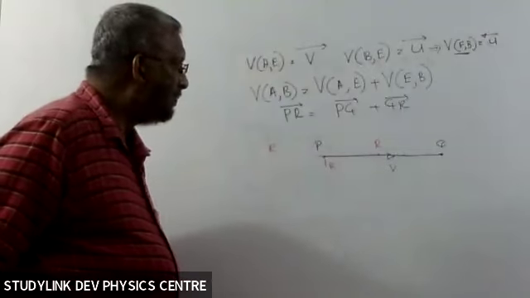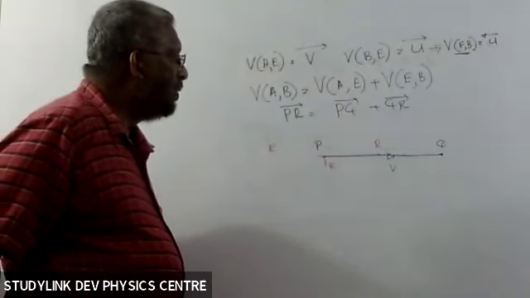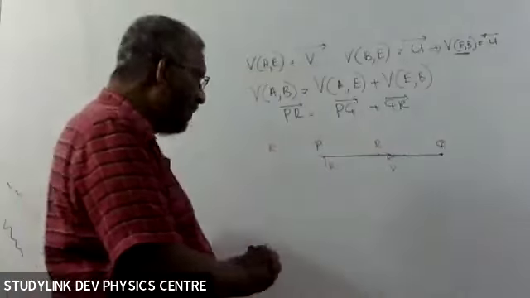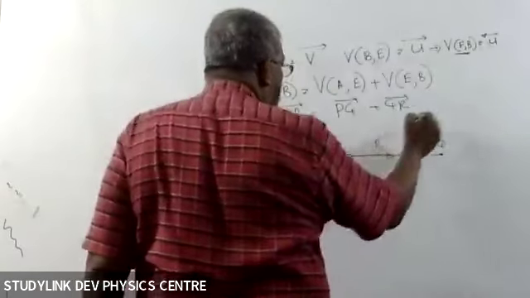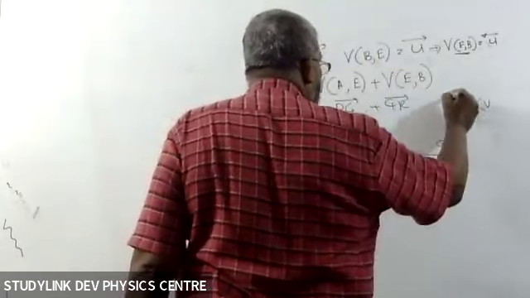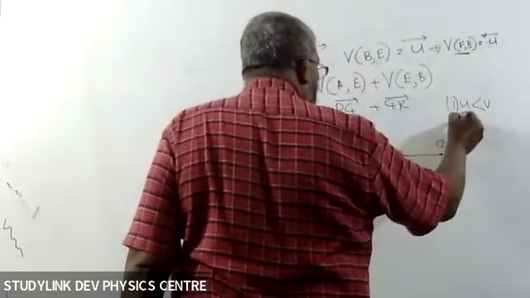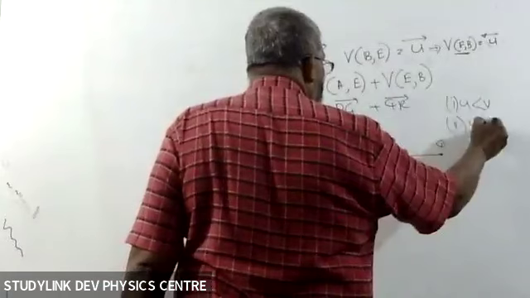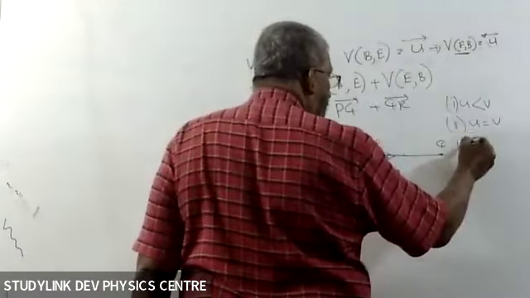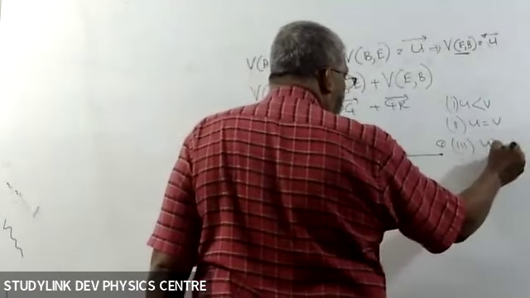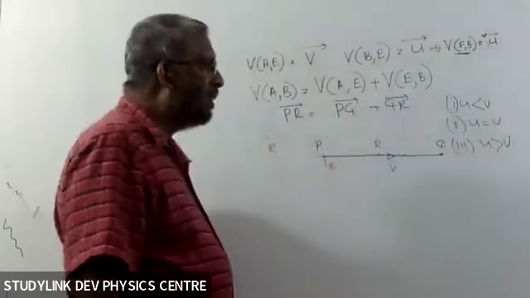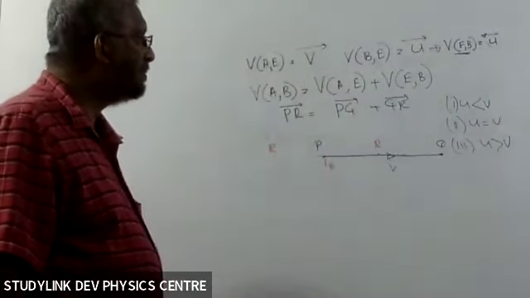Number one, U is less than V. Number two, U is equal to V. Number three, U is greater than V. There are three situations.